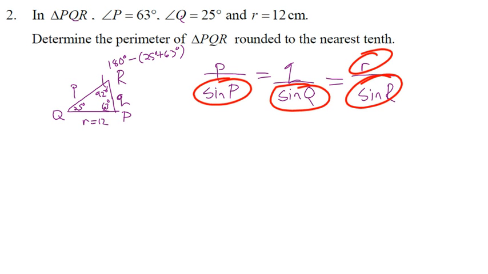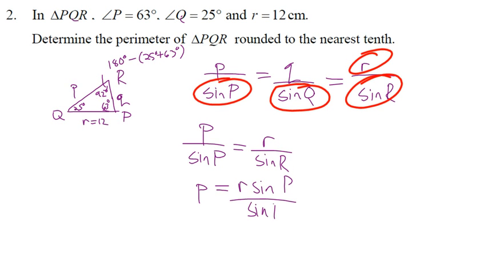So let's start off with p over sine P is equal to r over sine R. Little p is equal to r sine P over sine R. Sometimes I like to rearrange it before I substitute in values. Then we can substitute in the values.